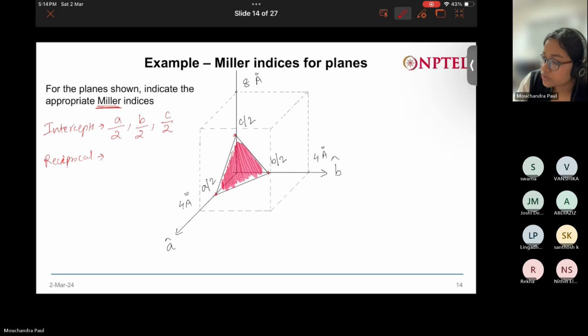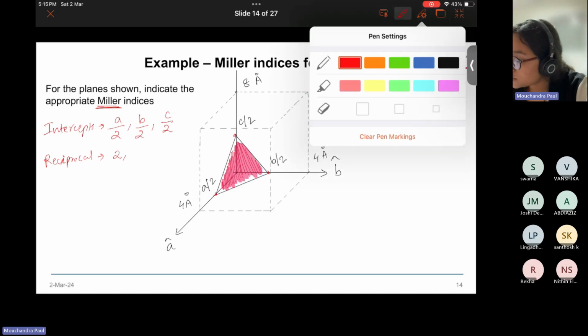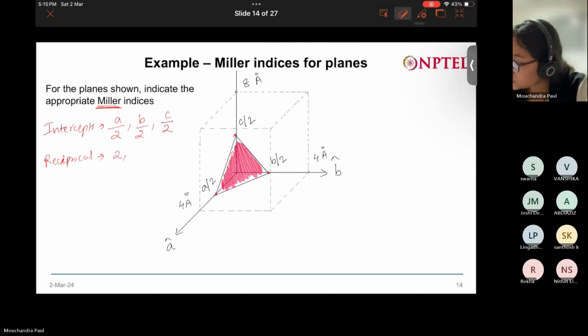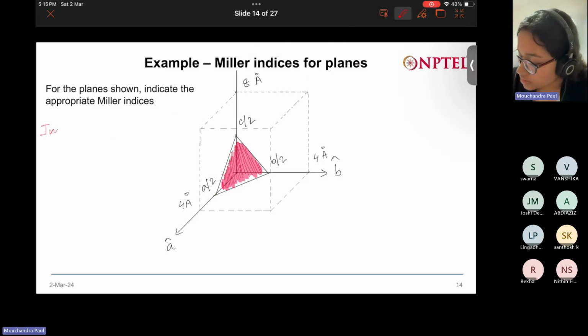You will get 2 by 2 maybe. Here a value is 4, so you will get 2. Actually, let me clear the pen marking. Here the intersects I should write like this, not A by 2, but 1 by 2, 1 by 2, and 1 by 2.